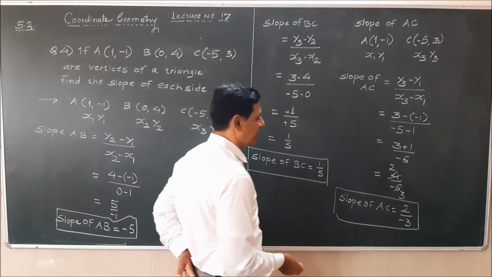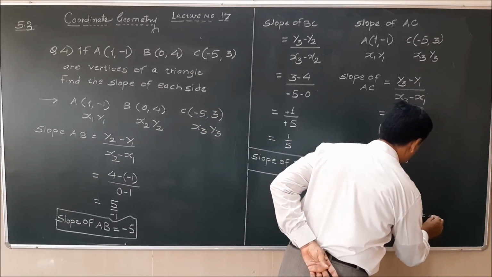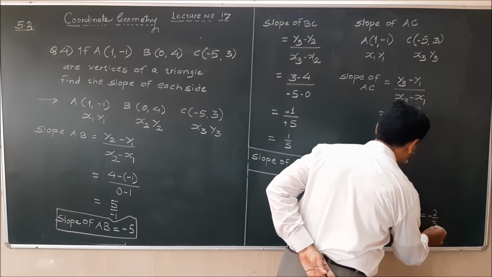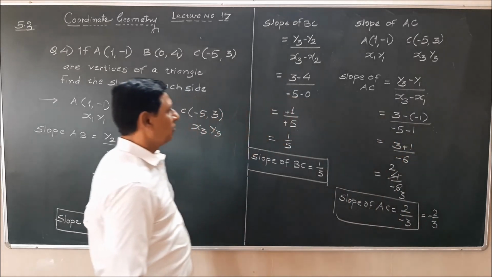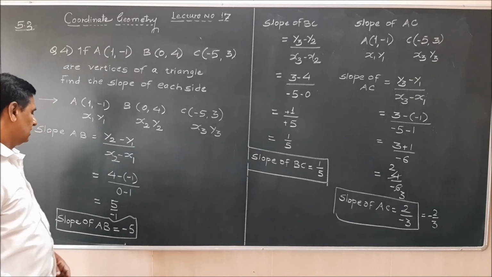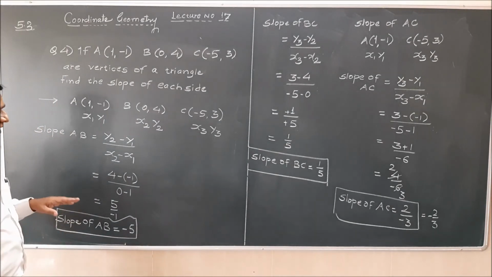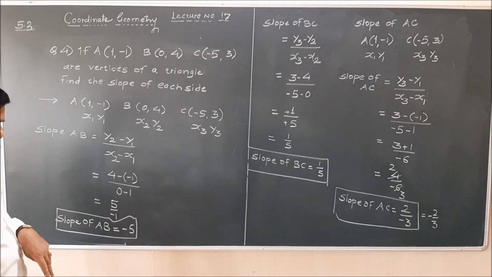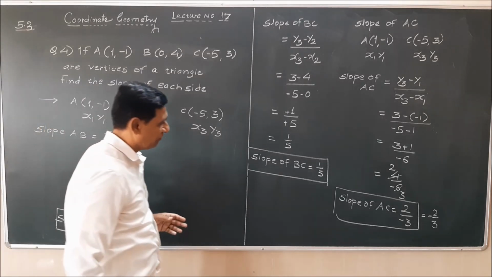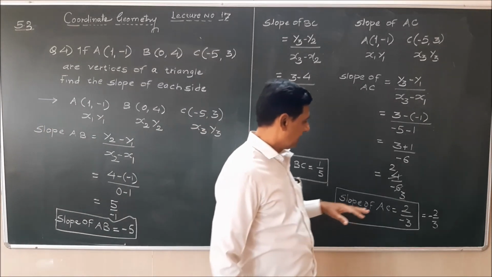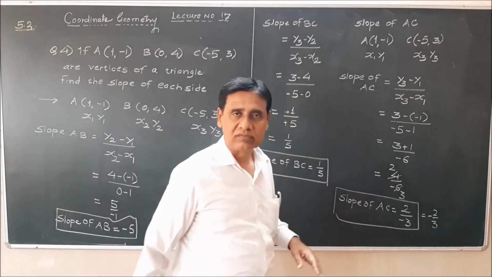It is one and the same. So this is how we have got the slope of AB as minus 5, slope of BC as 1 upon 5, slope of AC as minus 2 upon 3.